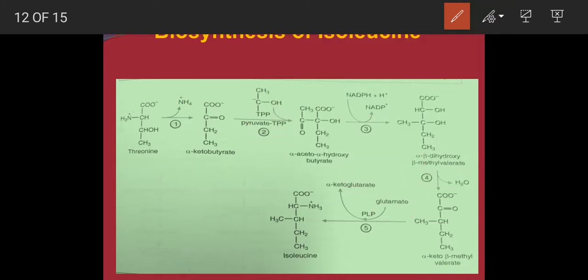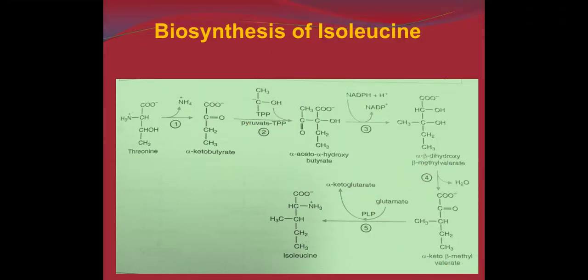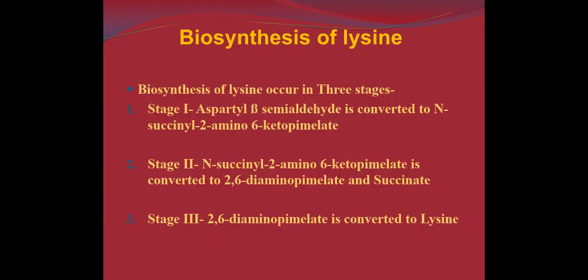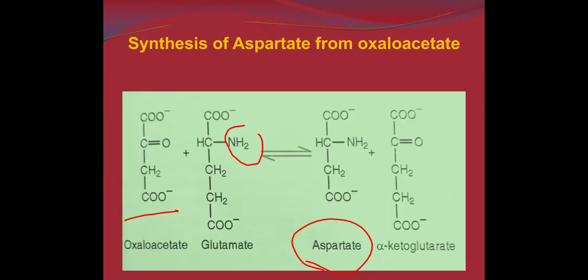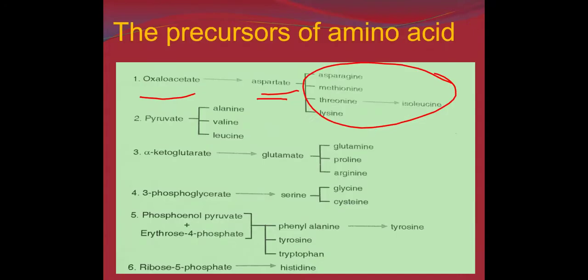Now, let us summarize all these reactions and the biosynthesis of amino acids. We have seen this family, the oxaloacetate precursor family, and we have seen that oxaloacetate first of all gives rise to aspartate by a simple transamination reaction, and then aspartate gives rise to 5 other amino acids, and these are asparagine, methionine, threonine, lysine and isoleucine.